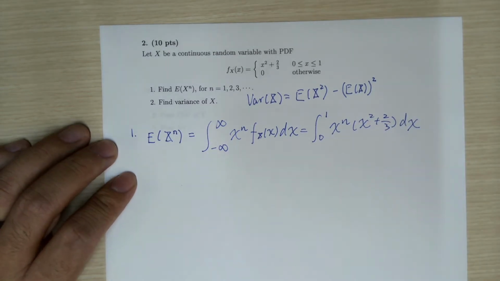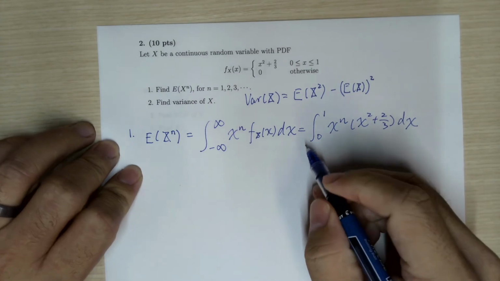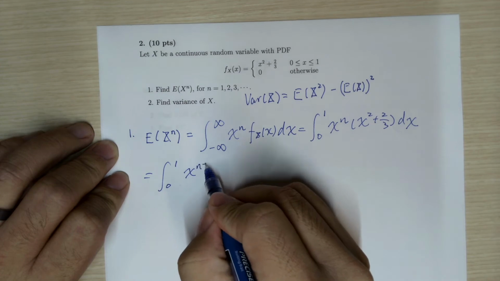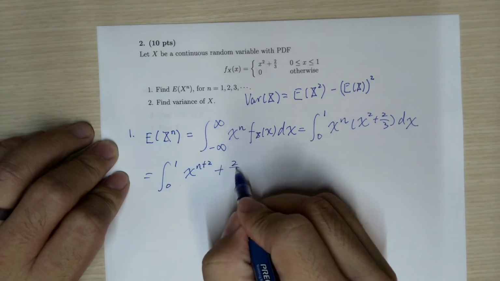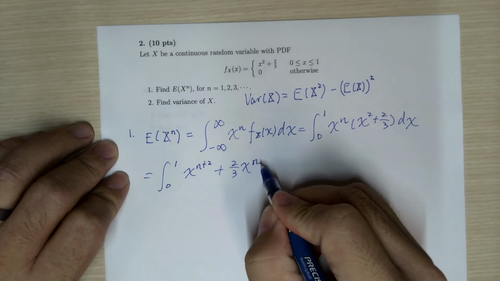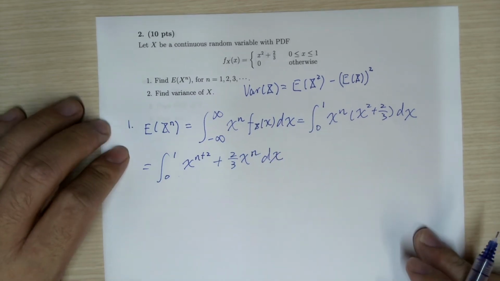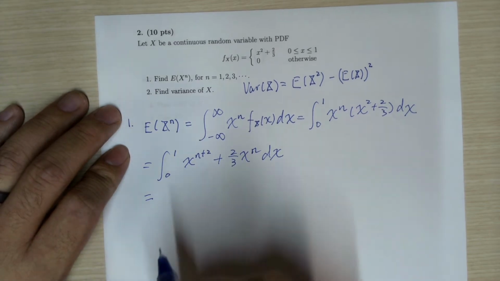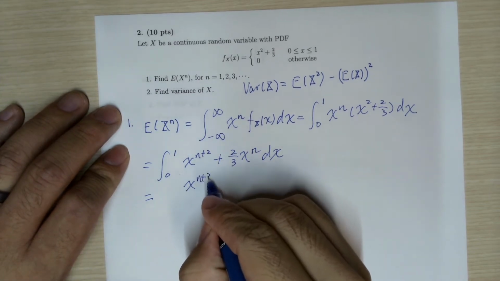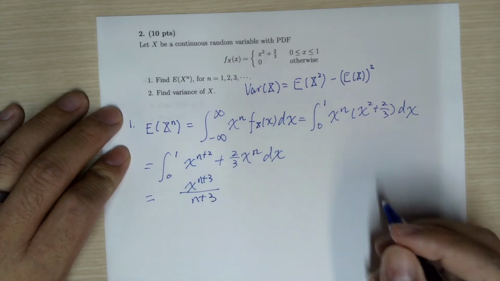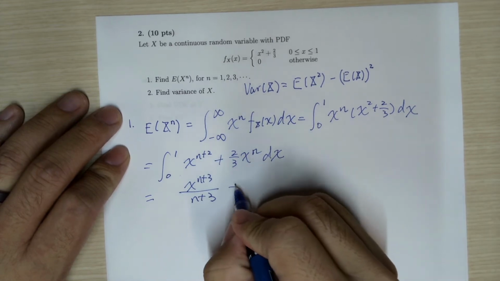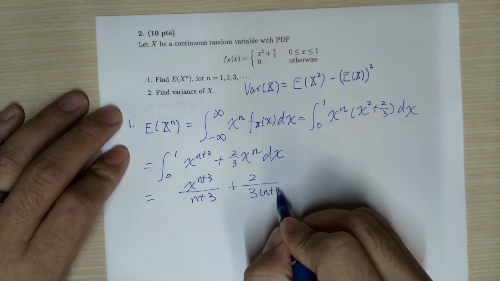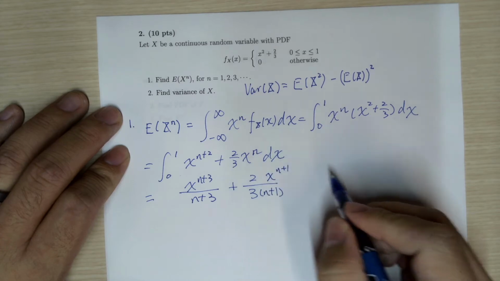Okay, so we can write it down as distributed: x to the power n plus 2 plus 2 over 3 x to the power n dx. Easily, based on the power rule of integration, you have x to the n plus 3 over n plus 3, plus 2 over 3 times n plus 1, x to the power n plus 1.